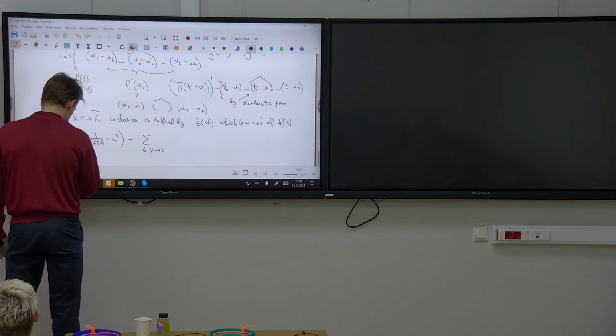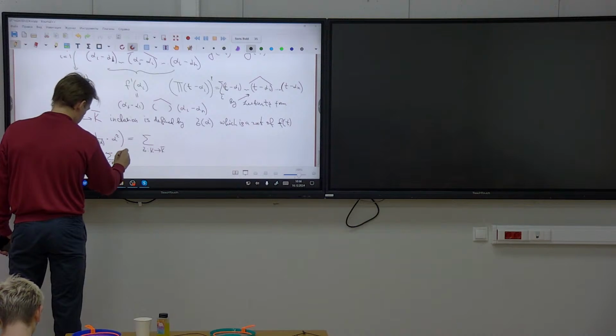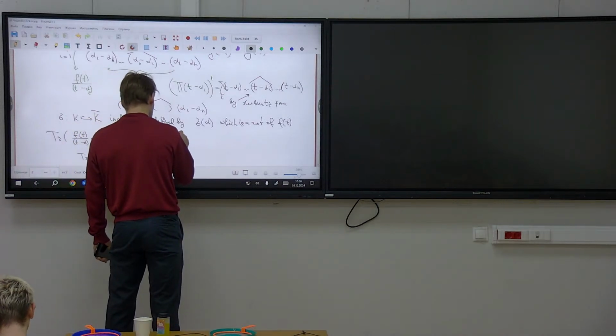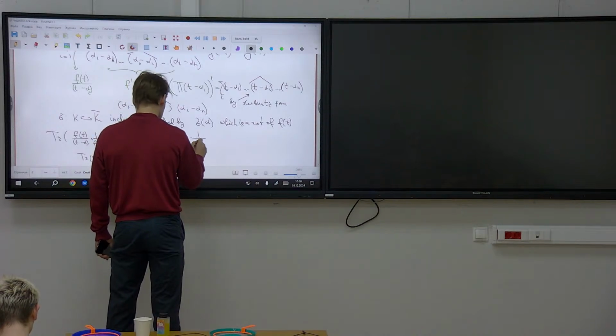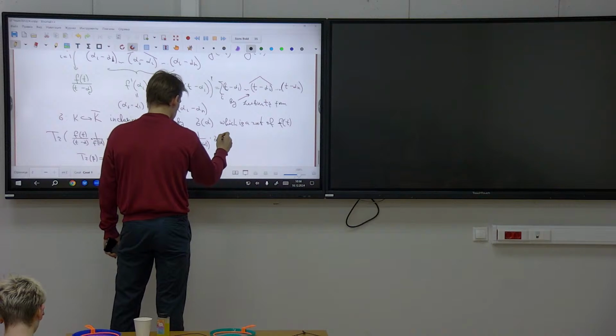So the trace is just applying sigma to the corresponding element and taking the sum. The trace of beta is the sum over sigma of sigma applied to beta, and this is the sum where you write down f of t divided by t minus sigma of alpha, times 1 over f prime of sigma of alpha, applied to alpha in the power r.